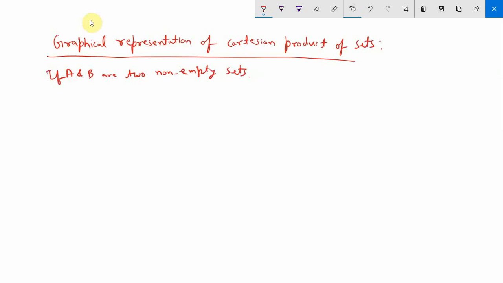So in order to represent this A × B graphically, what we will do, we will make two lines, one horizontal and other line is vertical.